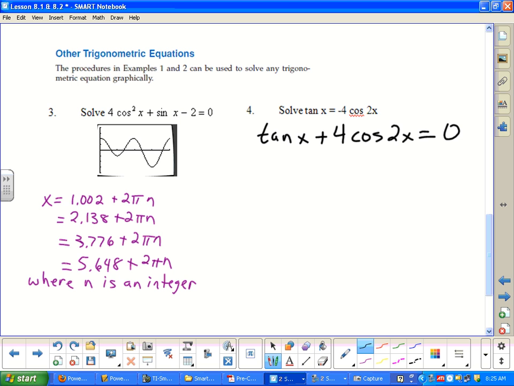It compresses it. So the period would be pi also, wouldn't it? So the period for this problem is going to be pi. All right, so let's graph it completely first of all, and then we'll look at it in terms of that then.